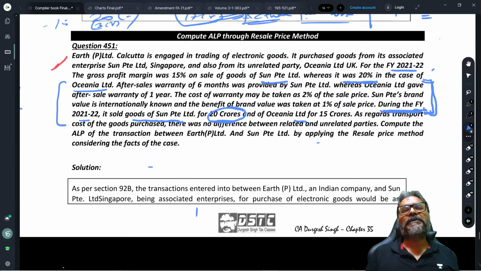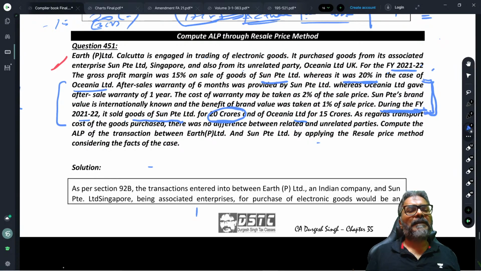Both of them are at a price inclusive of warranty, students, both the unrelated party and the international transaction. The only difference is that in the unrelated party transaction the warranty is for 1 year.